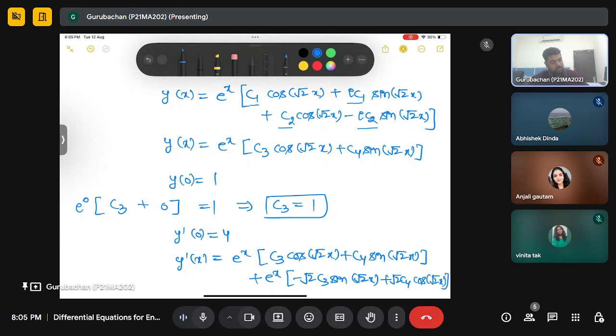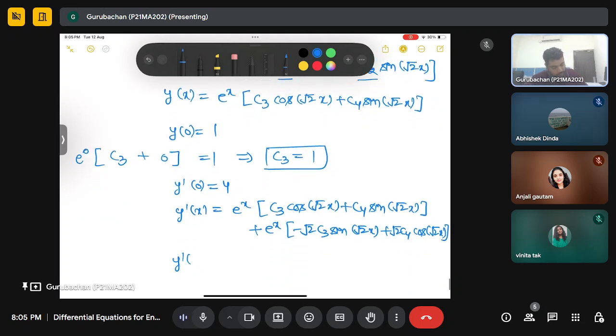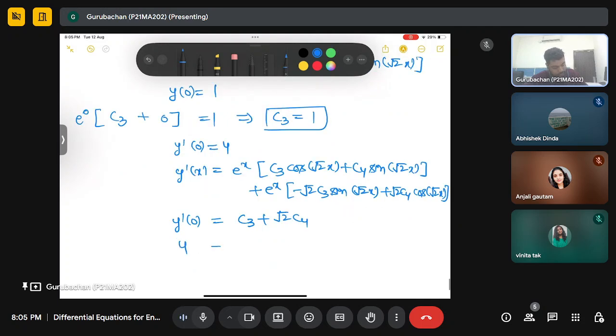So this will be your y dash derivative. And what will be y dash at 0? This will be c3 plus under root 2 c4, and this value is 4, and c3 is 1, so under root 2 c4 is 3. So c4 will come out to be 3 by under root 2.